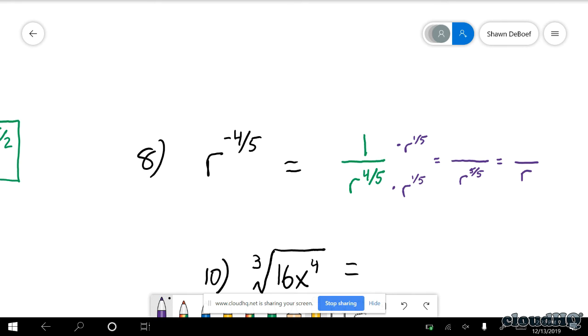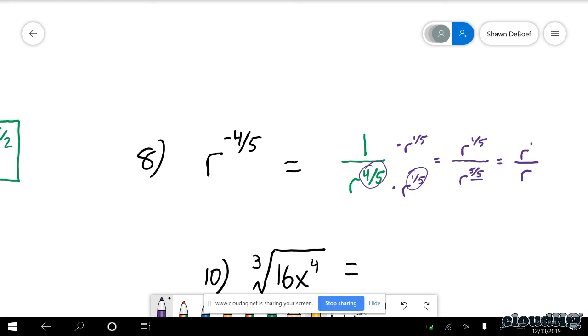So that's how I know that I need to get 1/5. I have to bring in something that I would add to the 4/5 to get me to an integer. It's not always going to be a 1. Sometimes it might be 2 or 3 or something. But to get from 4/5 to an integer, I needed to bring in 1 more 5th. And so if I multiply that to the numerator, 1 times r to the 1/5 is just r to the 1/5.